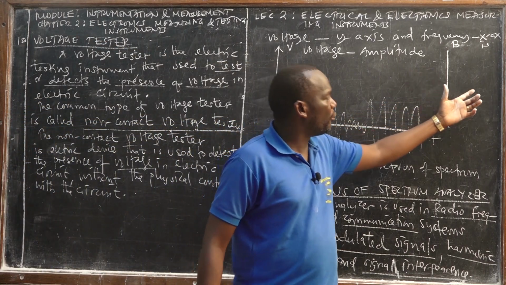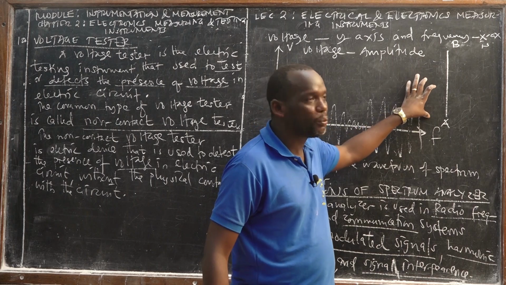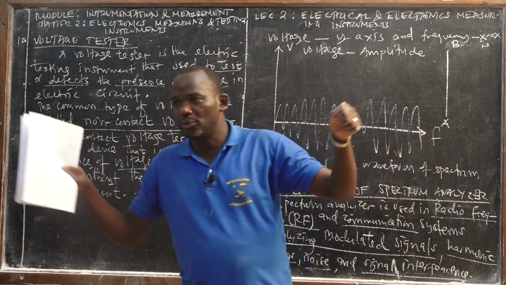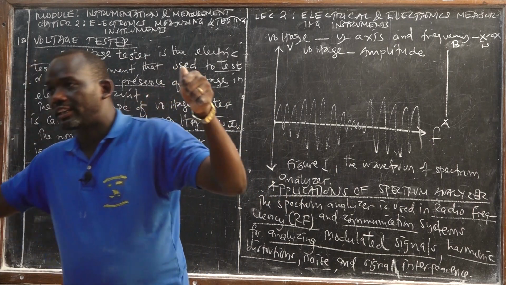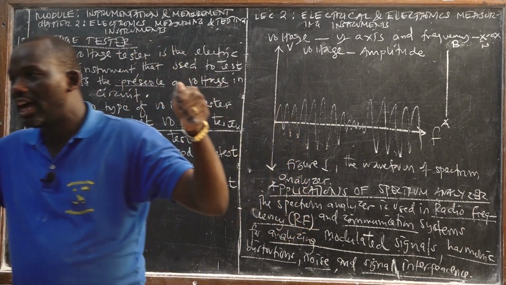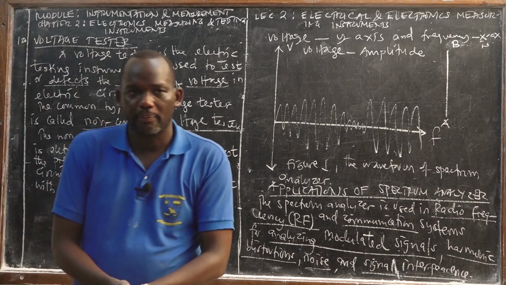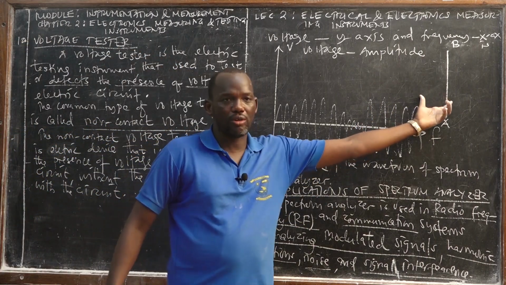So, whenever we want to measure the voltage across 2 points, we need the 2 tips of the voltmeter to be connected to the conductor. Are you together? But with this voltage tester, this is an insulated cable.